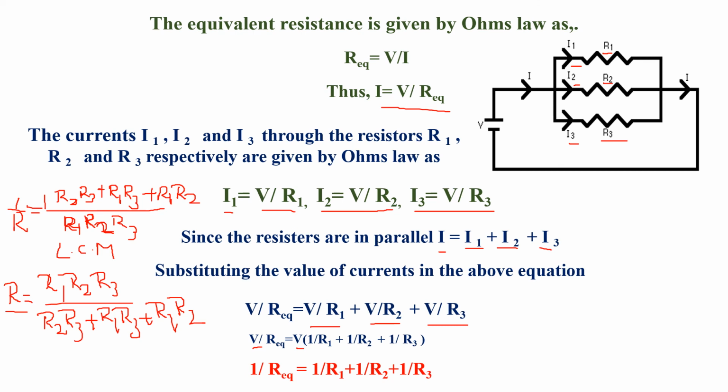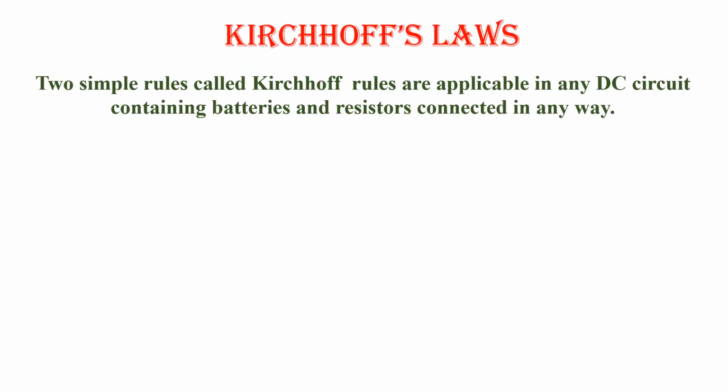This is mostly used while you are doing your sums. So till now you have learnt about one battery connected in series or in parallel, but now you are going to learn about a number of batteries connected to a number of resistors or bulbs. That is called Kirchhoff's law.